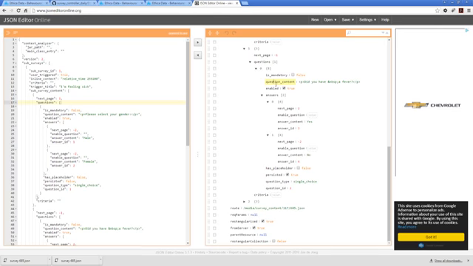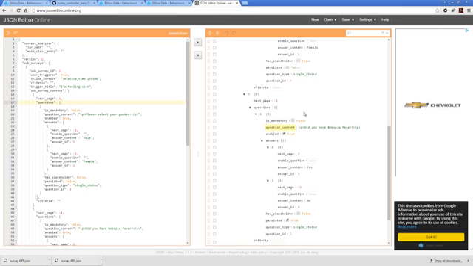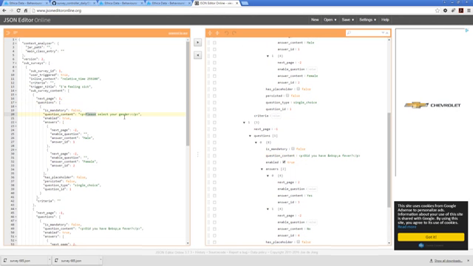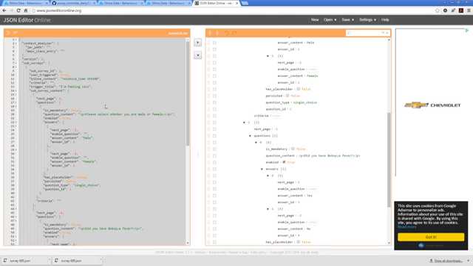Now I can edit this, for example, from "select your gender" to "please select whether you are male or female." Now I can save this content, load it as my survey into the system, and the system uses this term instead of the term that I had entered.